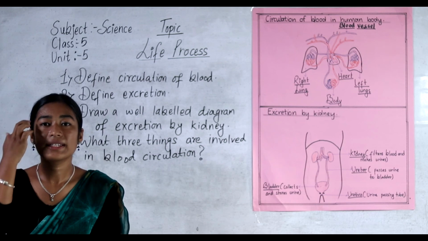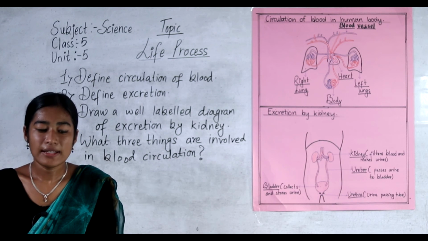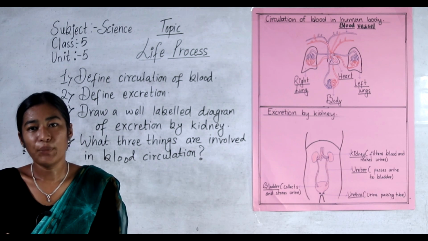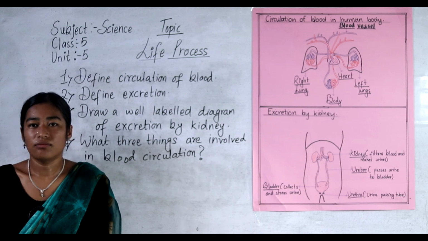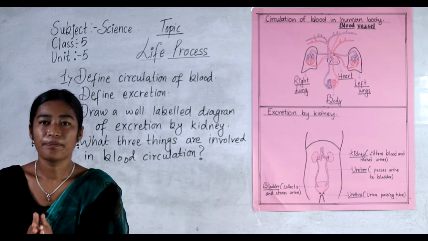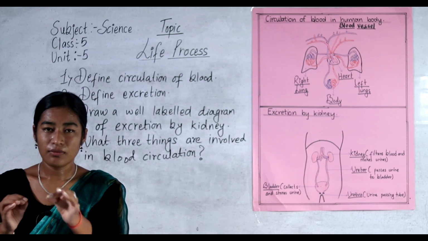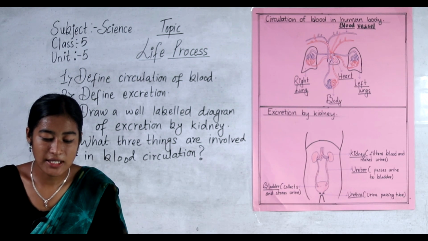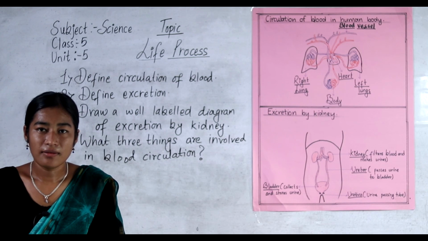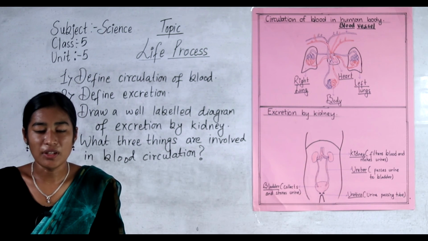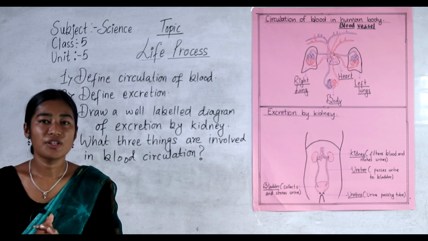So veins carry impure blood, whereas arteries carry pure blood. And you know capillaries. What are capillaries? Very thin, hair-like blood vessels, that is called capillaries. So this much for today.